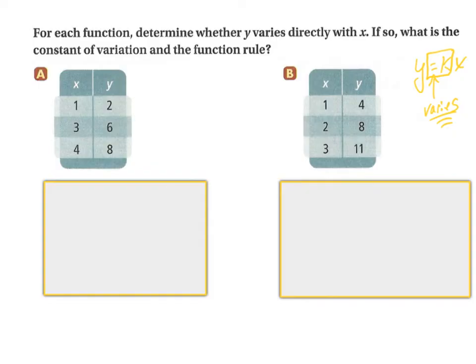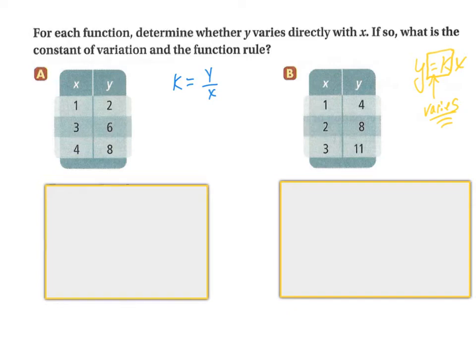So what we want to do with these ordered pairs is to see if they have the same k every time. And if you remember, if I solve for k, I'm going to divide both sides by x. If I do y over x on each of these ordered pairs and it gives me the same k, then we have a direct variation.